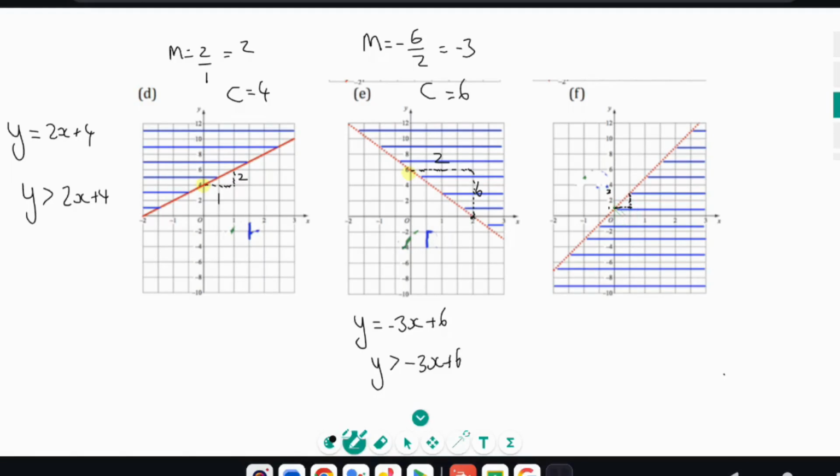So between 1 and 3, we've got 2. So it's got a height of 2 and a base of 0.5. So your gradient is 2 divided by 0.5, which is 4. Your y-intercept is 1. So your equation is y equals 4x plus 1. And it is below the line, so y is less than 4x plus 1.